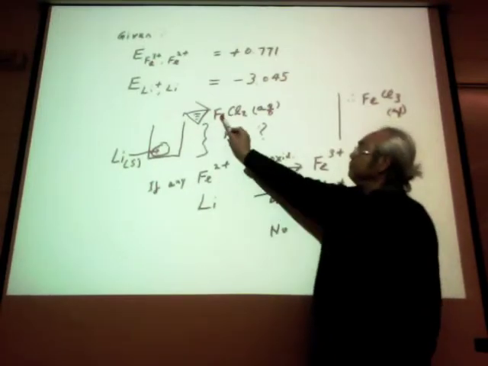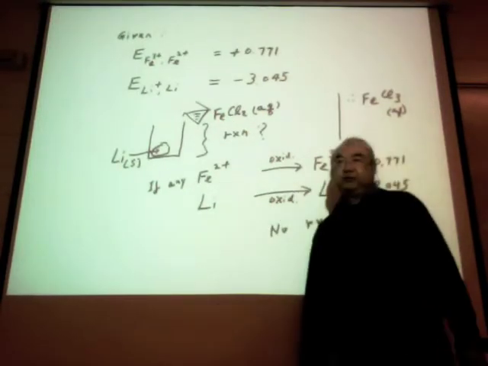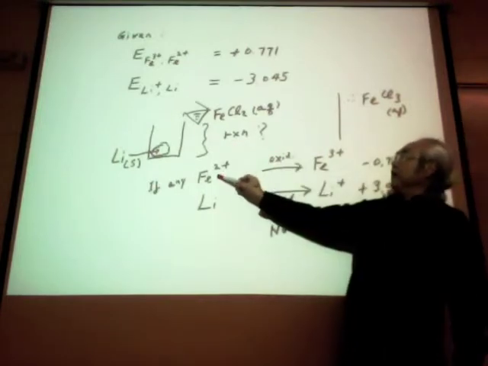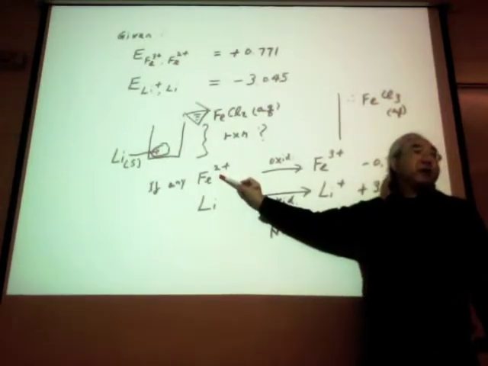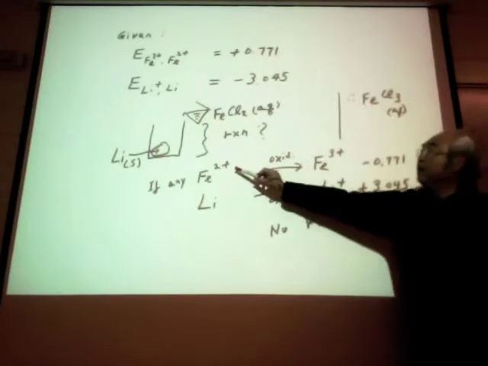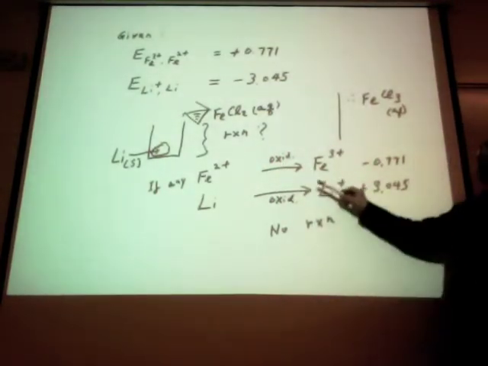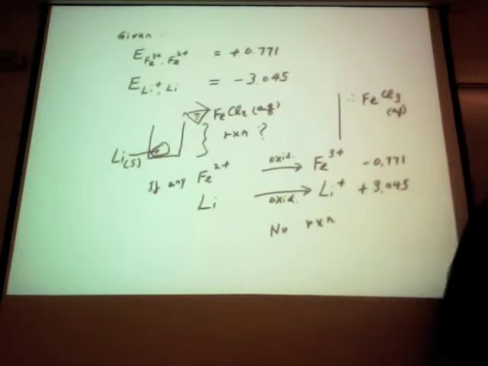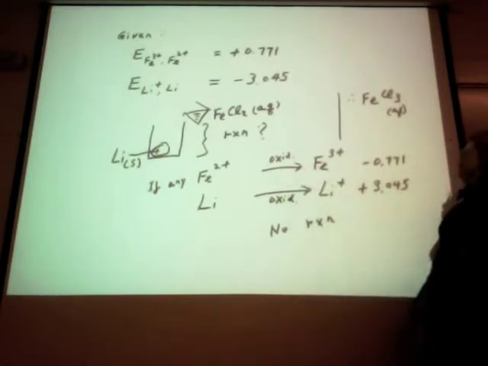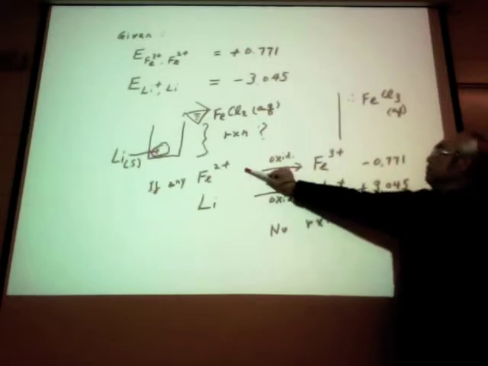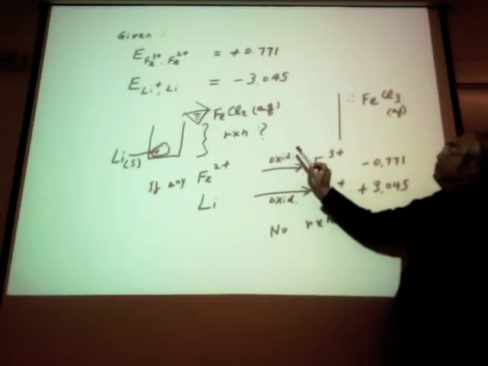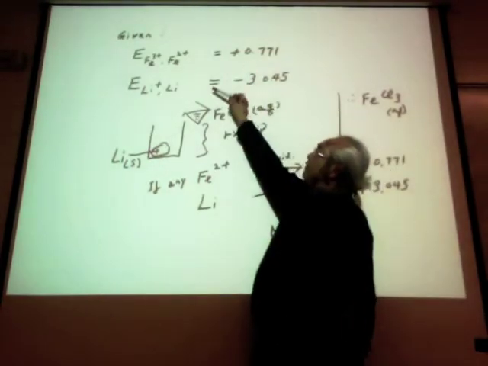Now, if the Fe2 plus reacts, then it has to change into a different chemical. So let's say it is going to change into Fe3 plus. This is just an example. Okay, so this is oxidation from the information provided.